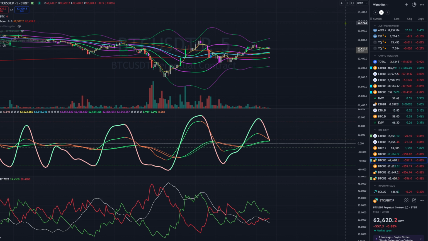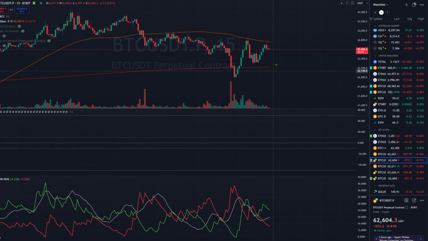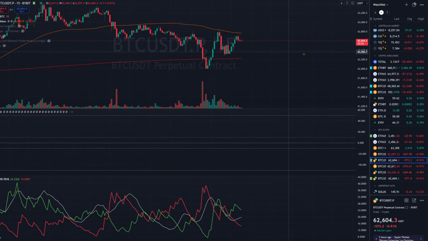Okie dokie. That'll do me for now. Maybe it is going to roll over here. 5 minutes starting to. Yeah, okay. I could be wrong there. Three minutes left of this candle.